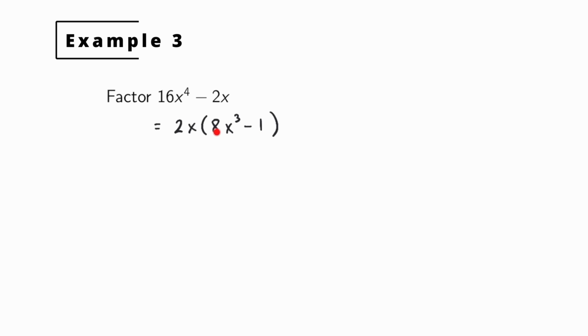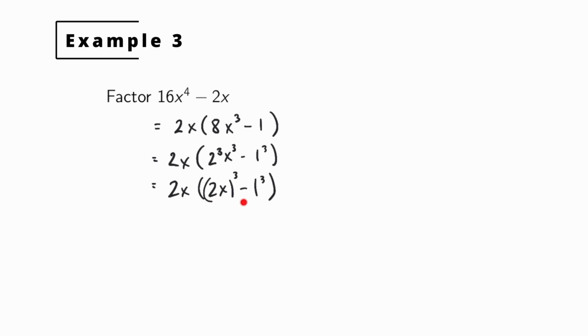Since 8 is 2 cubed, and 1, of course, is 1 cubed, this will be 2x times 2 cubed times x cubed minus 1 cubed. And then 2 cubed x cubed can be rewritten as 2x quantity cubed, so 2x times 2x quantity cubed minus 1 cubed.